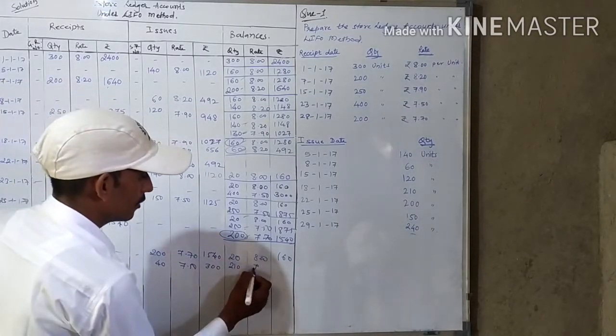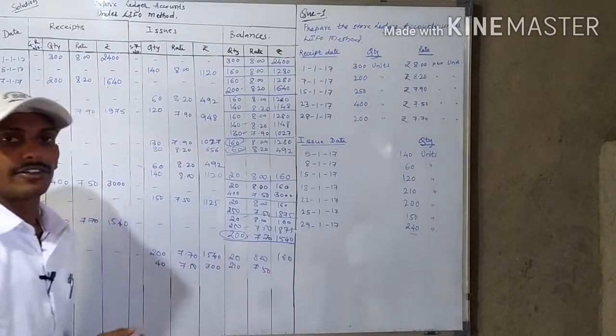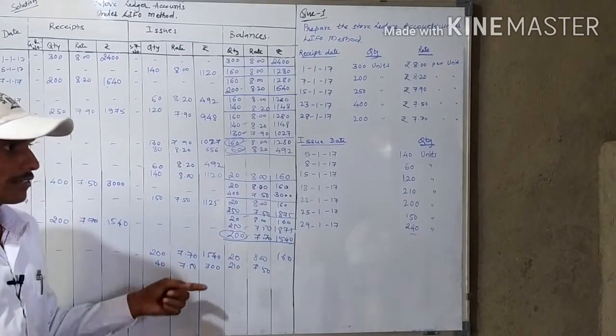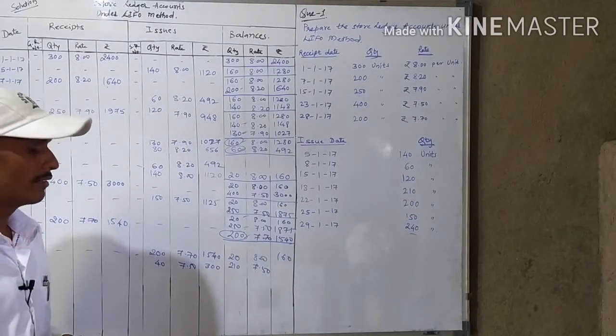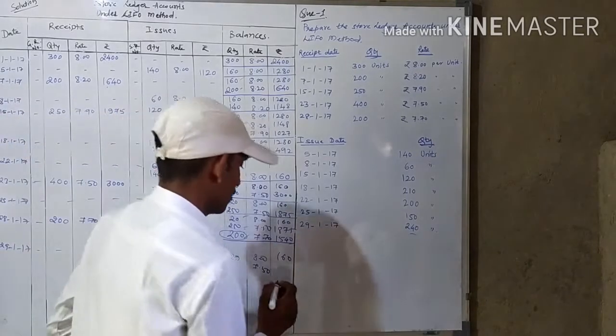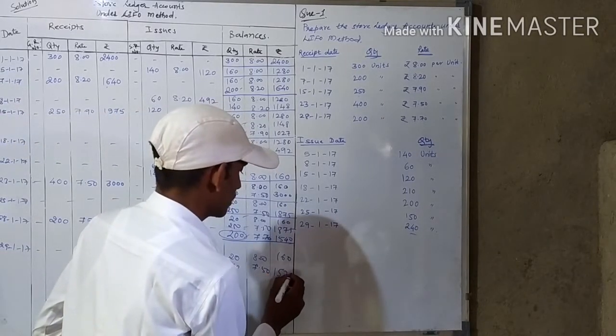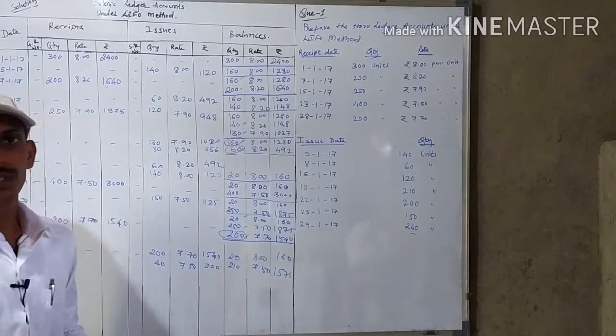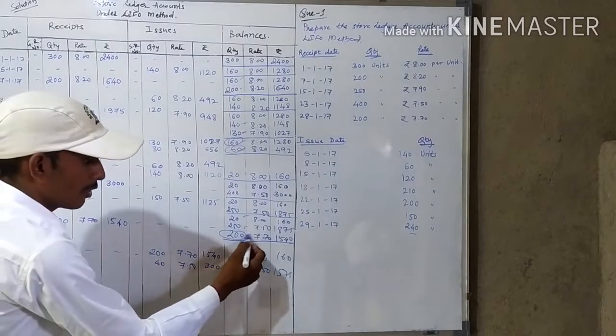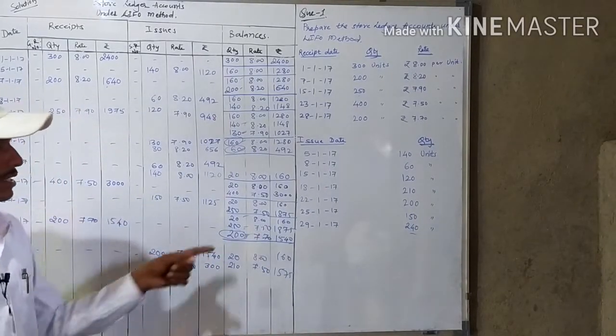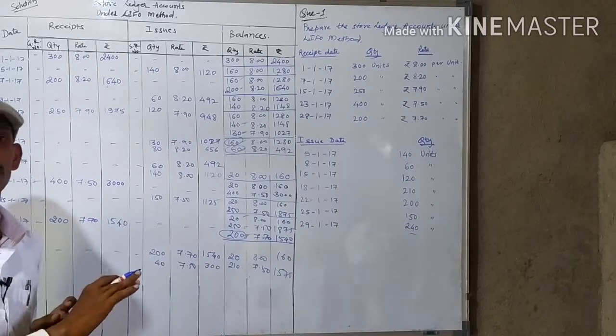The rate of which is 7.50. So after calculating this, you will get value as 1575. Again, what about this 200? Already these 200 units are issued, so don't bother about it.